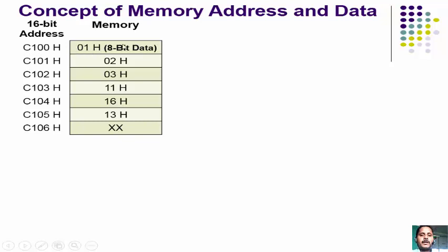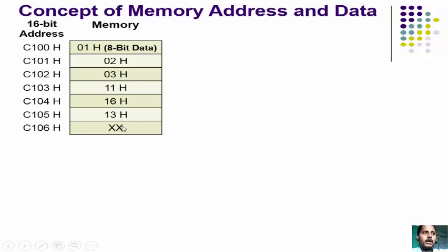In the same way, another home in the city with a different address, for example C101, has the data 02 at that memory location. Likewise, at location C102, 03 is available, at C103, 11 is stored, at C104, 16 is present, at C105, 13 is available, and at C106 there are don't care conditions.